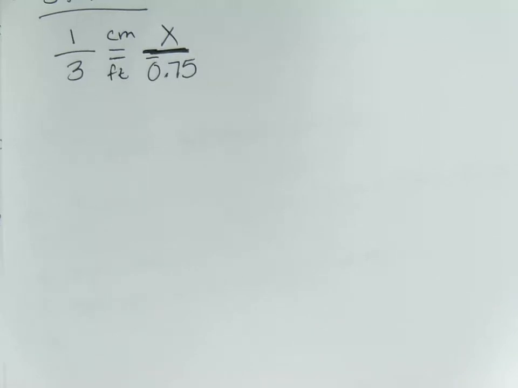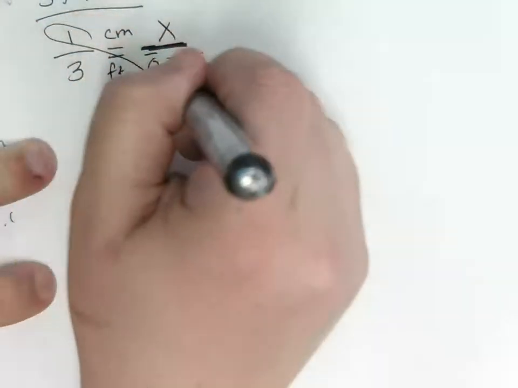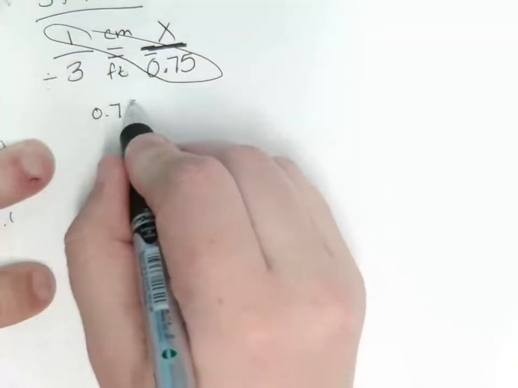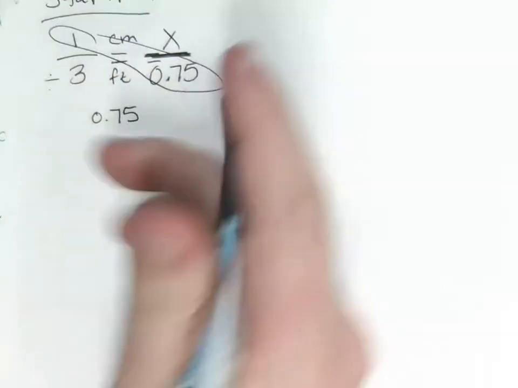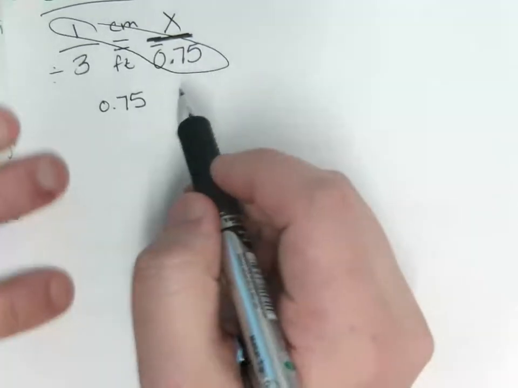So I'm going to write this proportion just like we did in the last unit, and I'm gonna solve it. So remember, we multiply and then divide. I'm gonna do 0.75 times 1, which is just 0.75, right? Anything times 1 is itself. And then I'm going to divide that by 3.